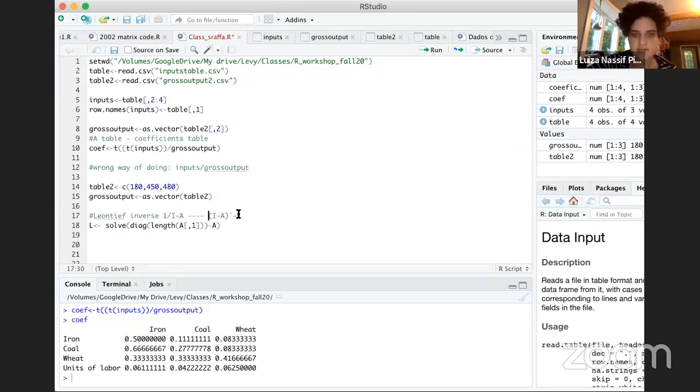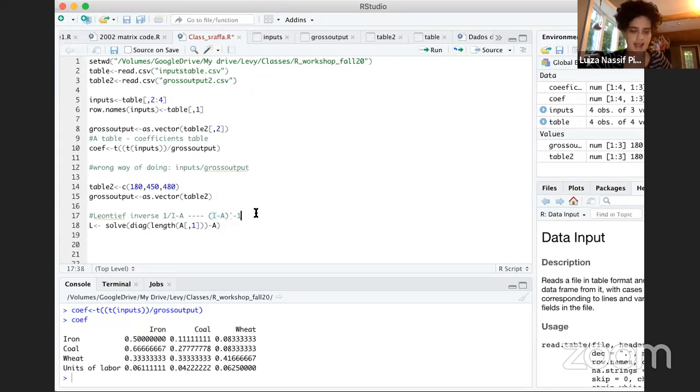So this is the formula that I'm going to need to tell R to do. So the way I do that, first, I'm going to need an identity table. I need an identity table that has the same length as A.